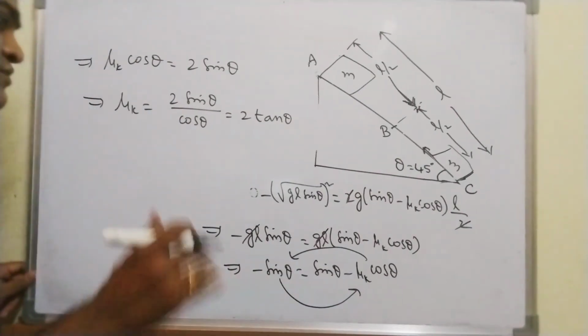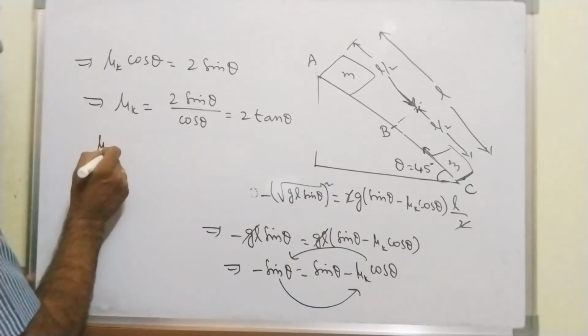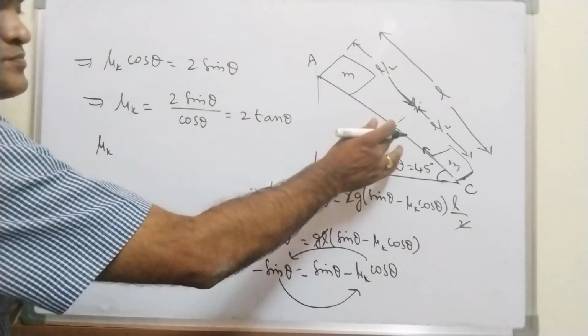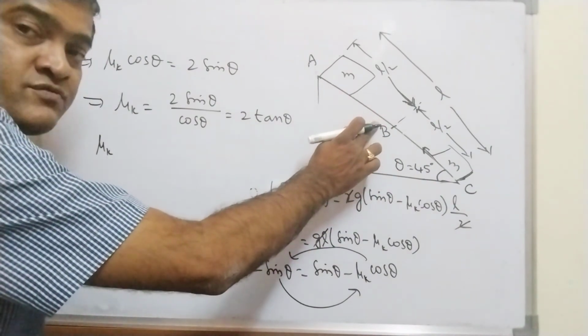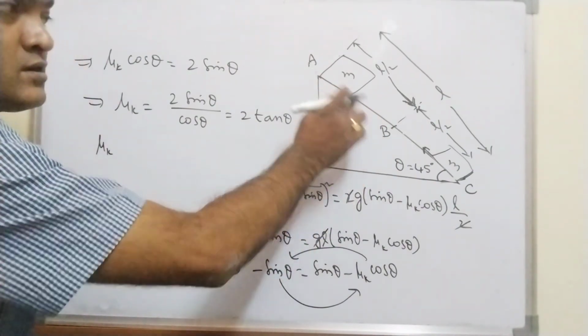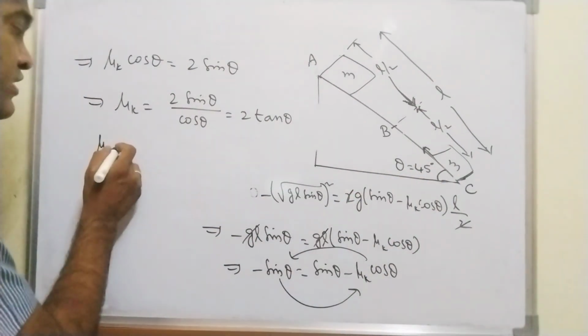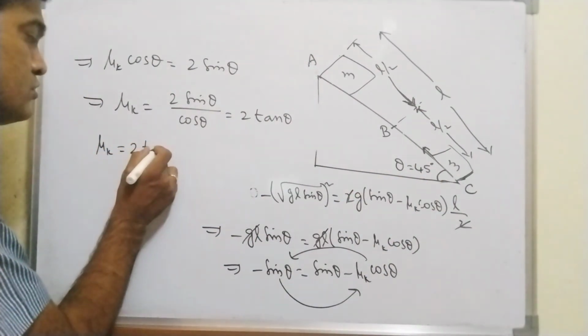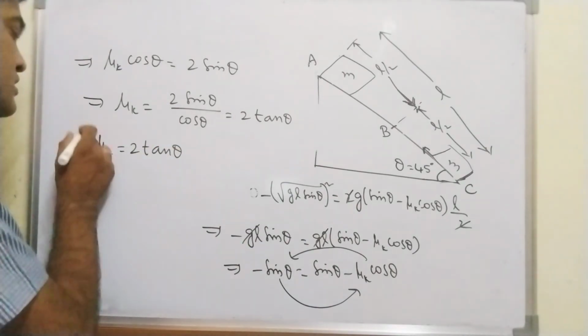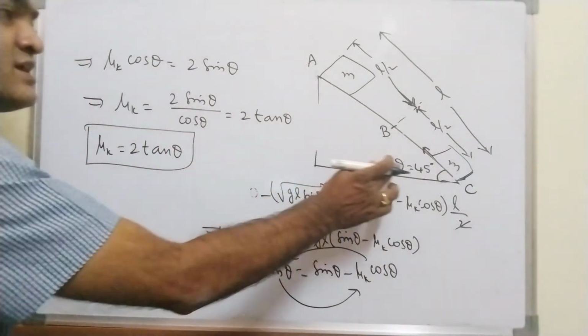So, the standard formula to be remembered when the block is covering half portion of the inclined plane which is smooth, and the other half is rough, is that the value of mu k is equal to 2 tan theta. But here I have given the value of theta as 45 degrees.